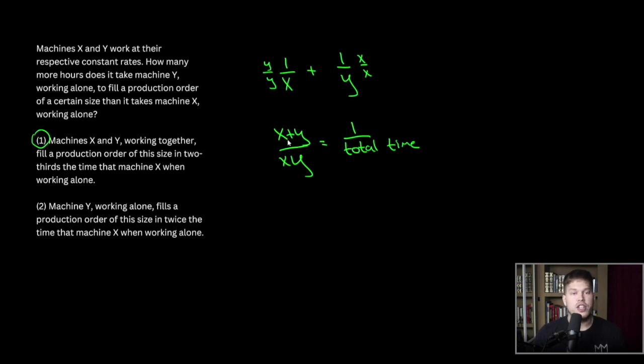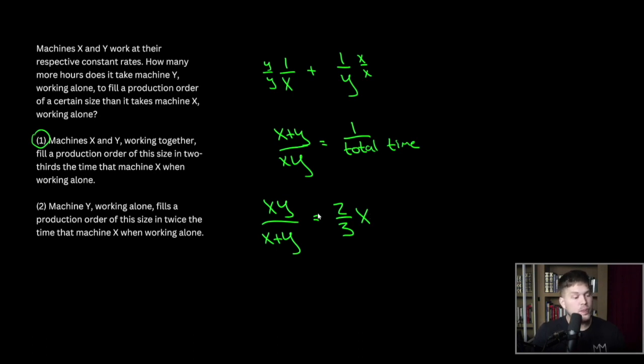So machine X and Y working together take X times Y over X plus Y hours, however much that may be. And in statement 1, we're told that this equals 2/3 the time it would take machine X to do the job alone.